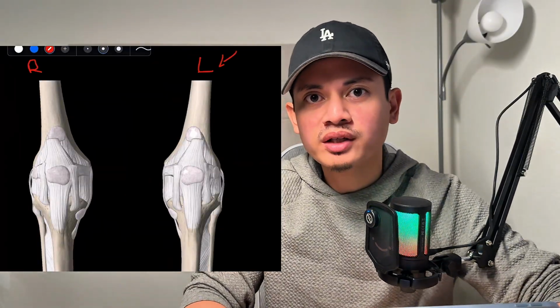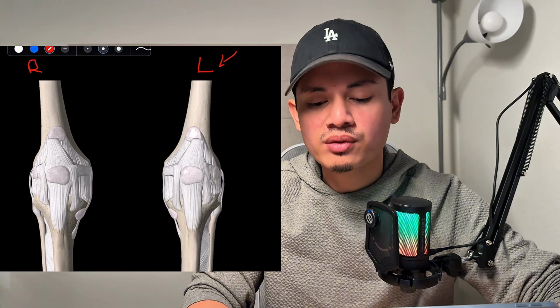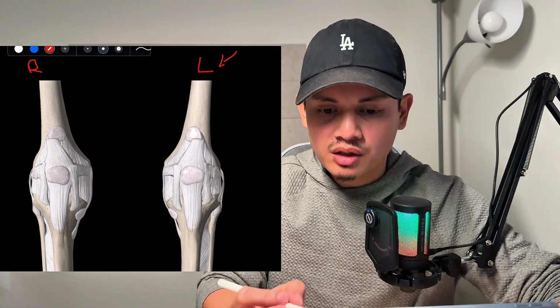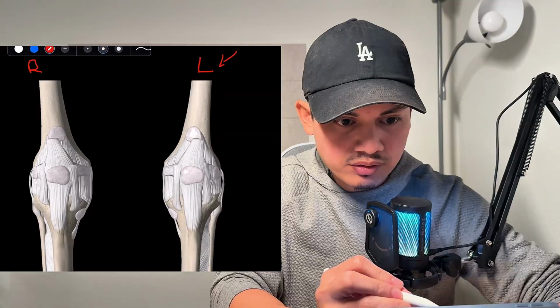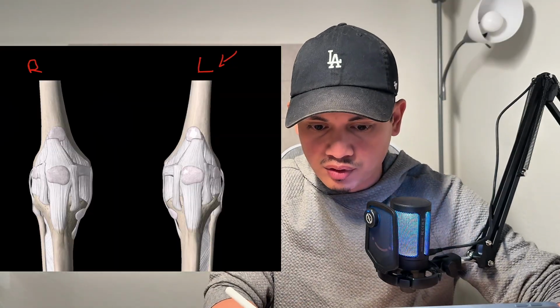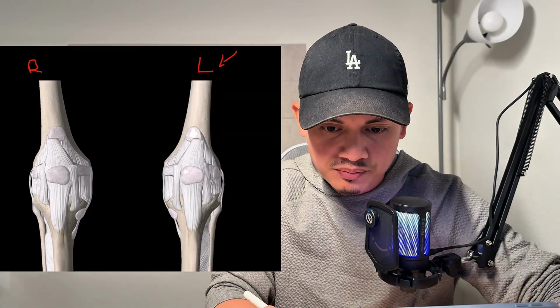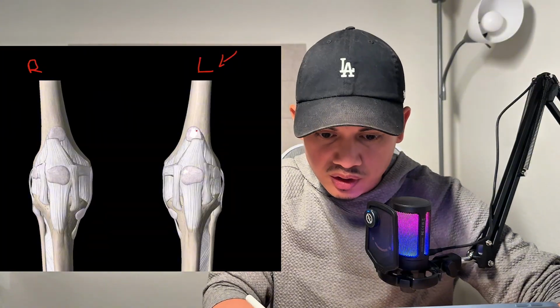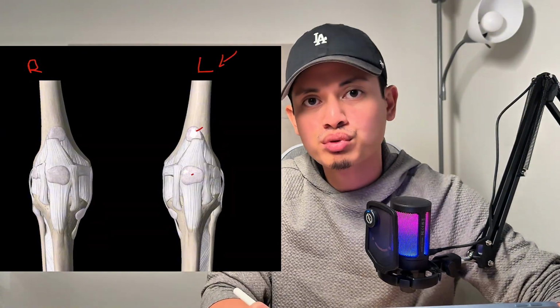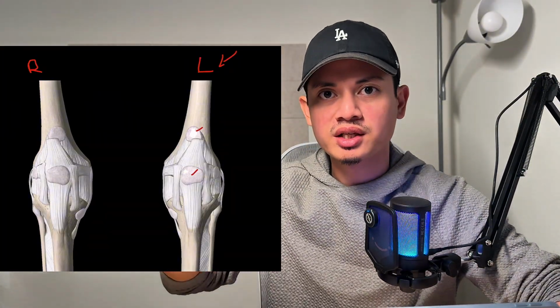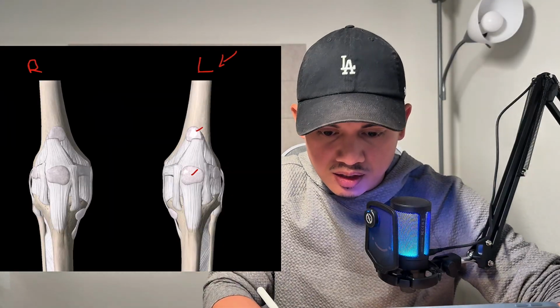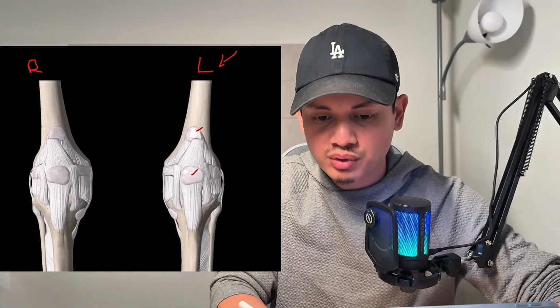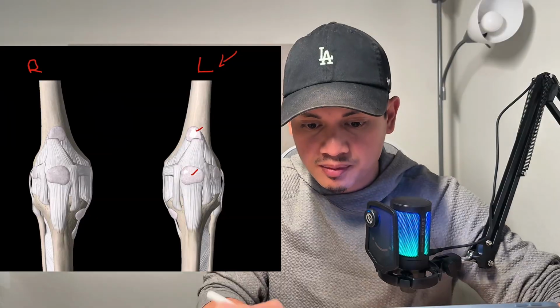All right, now we're going to look at some of the connective tissue around the knee joint, around the patella. In terms of structures, we have a few different bursas. For example, you have your suprapatellar bursa, you have your prepatellar bursa, which sits in front of the kneecap, and you also have an infrapatellar bursa that sits underneath the kneecap.